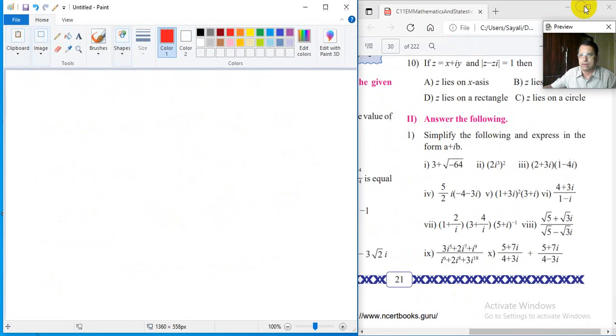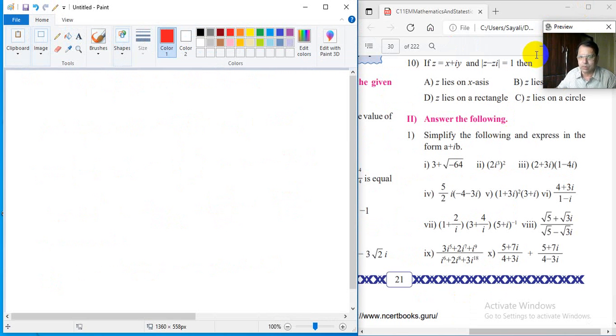Next, now we will go for another one. Say we will do problem number 8, this one: root 5 plus root 3 into i divided by root 5 minus root 3i.